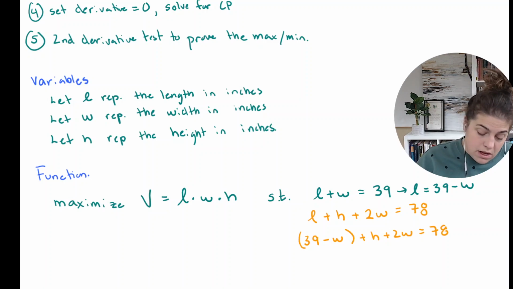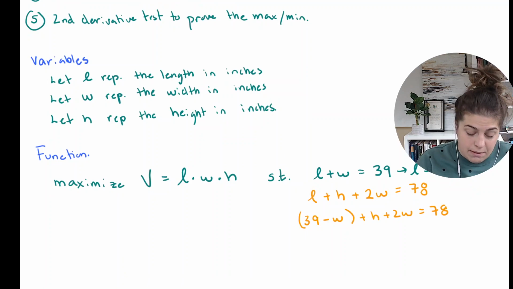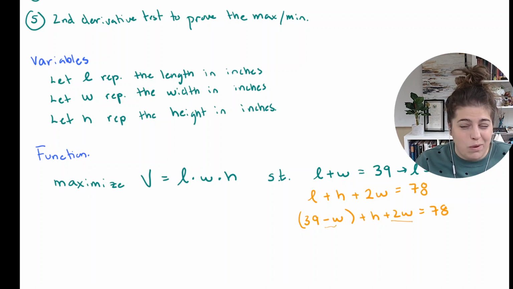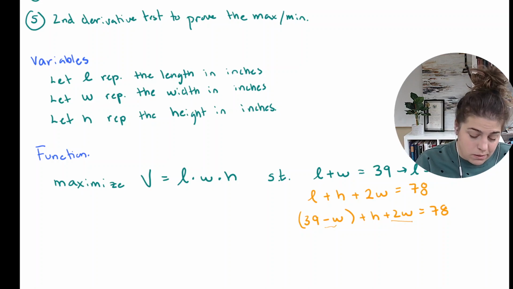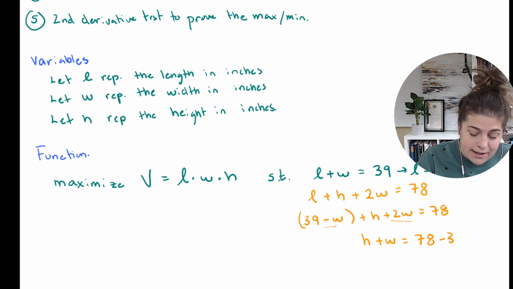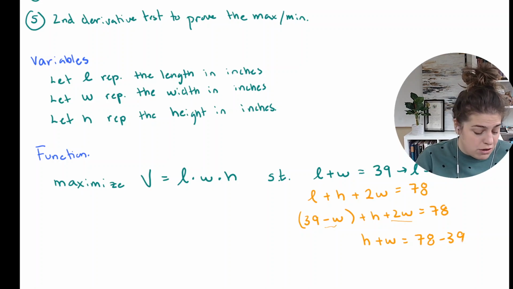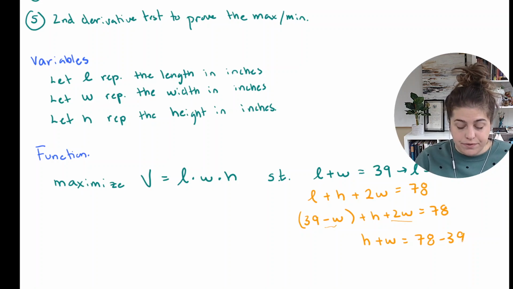Okay. So we're going to have 39. I can bring that 39 over to the other side. I've got negative W plus 2W. So that's just going to leave me with 1W, right? 2 minus 1 gives me 1. So I have the height plus the width is equal to 78 minus that 39. And I will tell you, lots of people, they stress. They're like, oh my goodness, which variable should I solve for here?